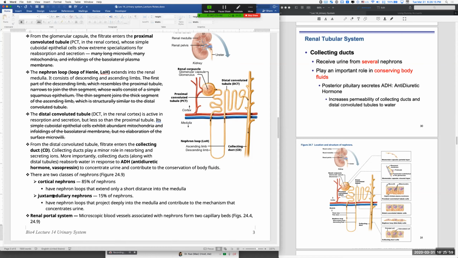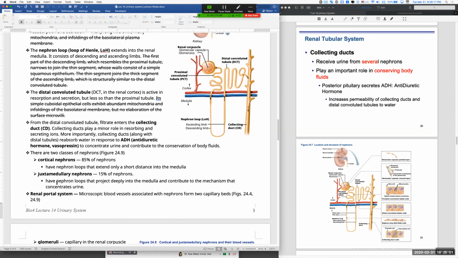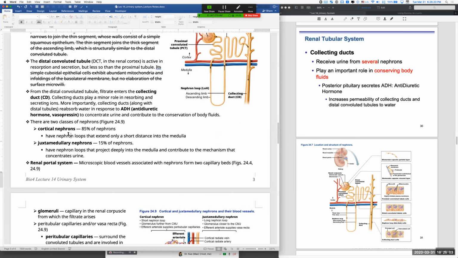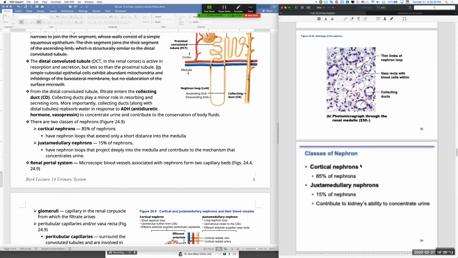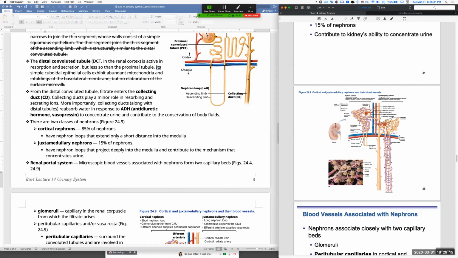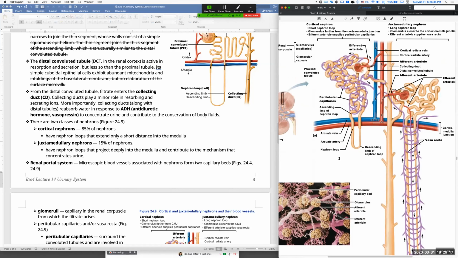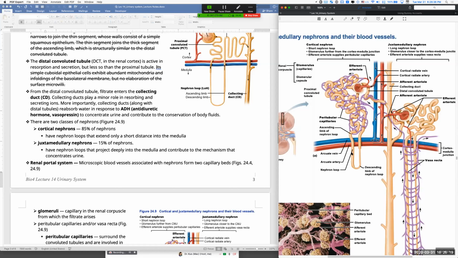Now, there are two types of nephrons. There are the cortical nephrons, and that's the large majority of nephrons. And there is a minority of nephrons called juxtamedullary nephrons. So here's their difference. This one is called a cortical nephron because most of that nephron stays inside the cortical region.